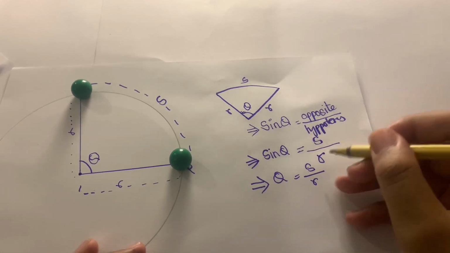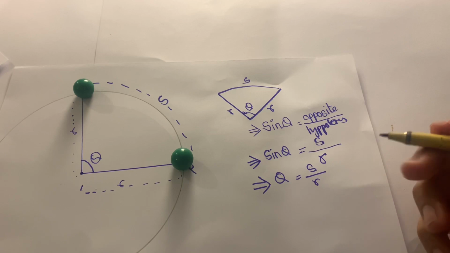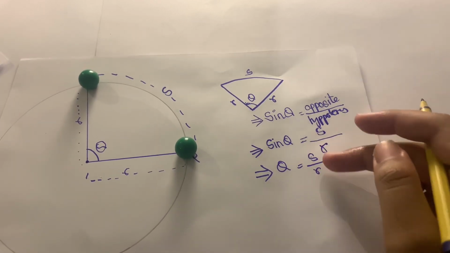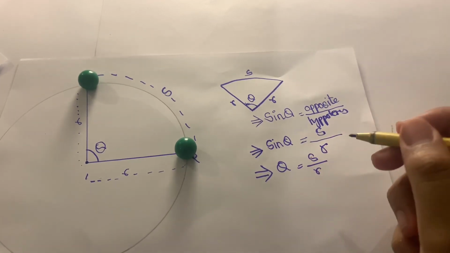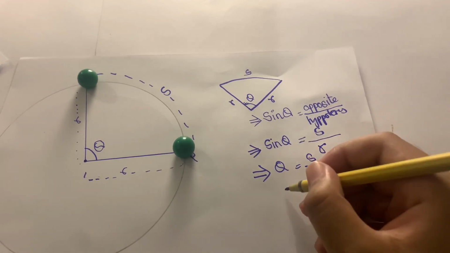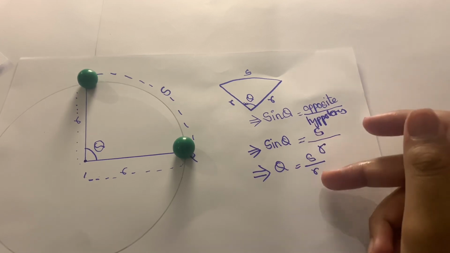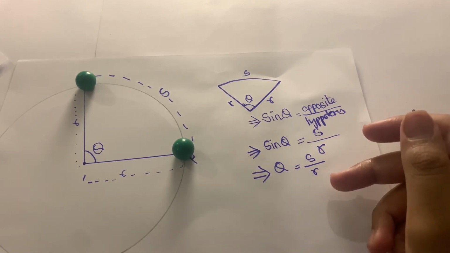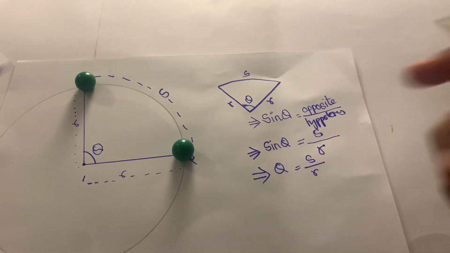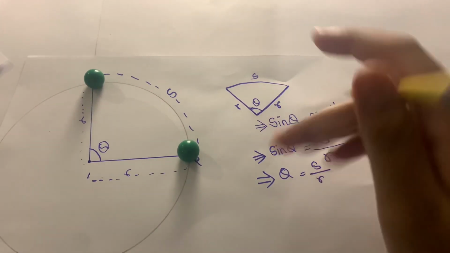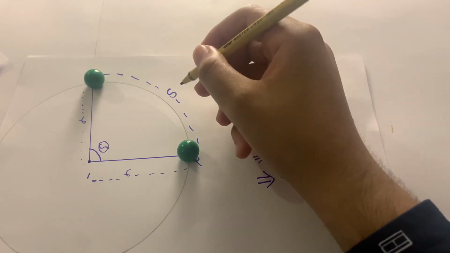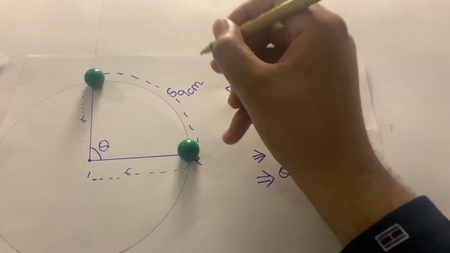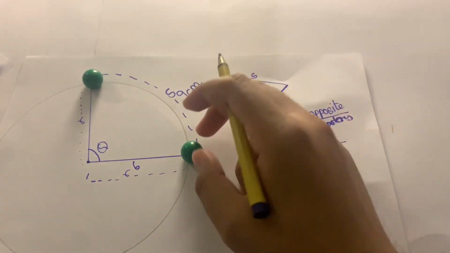This is as simple as it is: the arc length, the distance traveled by the object, over the radius gives us theta, and theta is measured in radians. So whatever answer we get after dividing the arc length by the radius, we get in radians. Imagine that delta S is 9 centimeters and the radius is 6 centimeters.